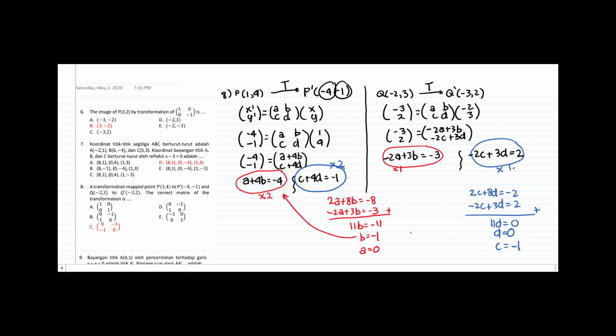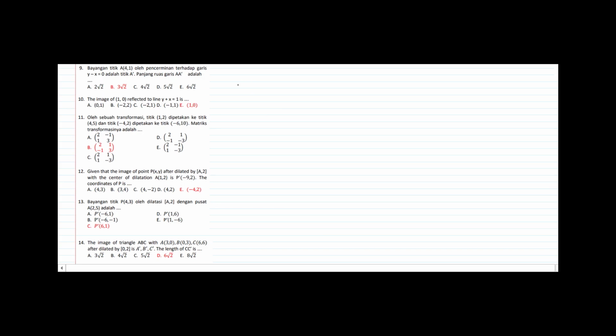Okay, so I have A, B, C, D. So the matrix will be 0, negative 1, negative 1, 0. C.